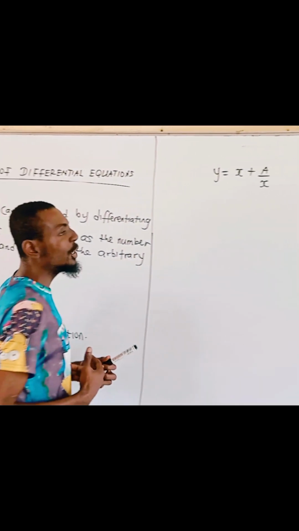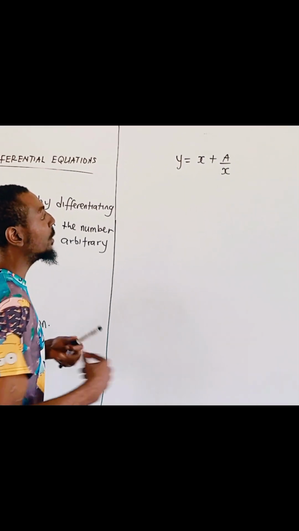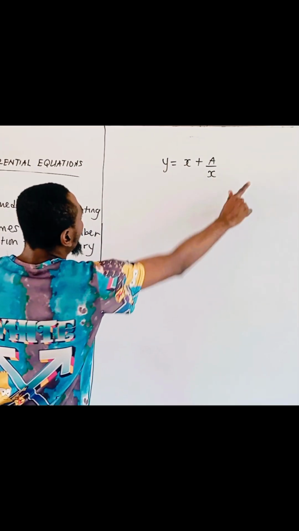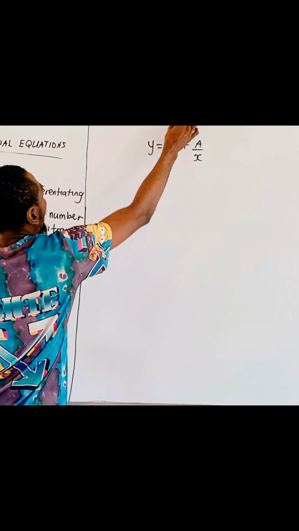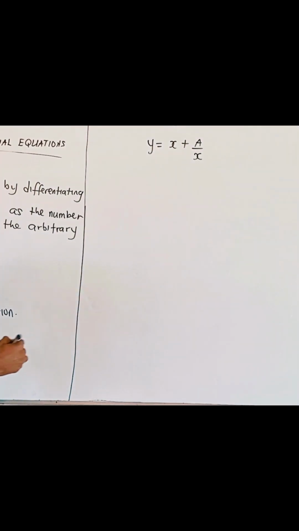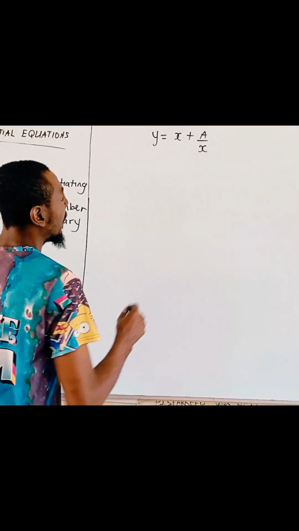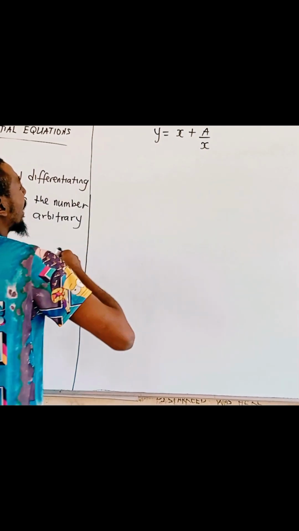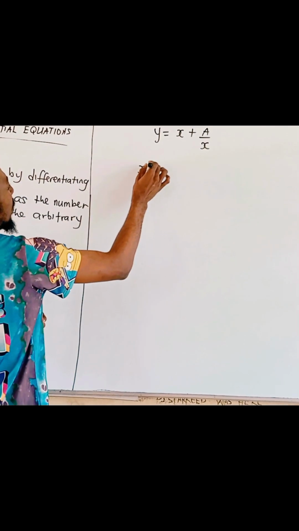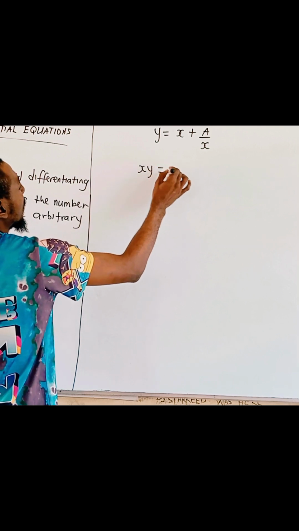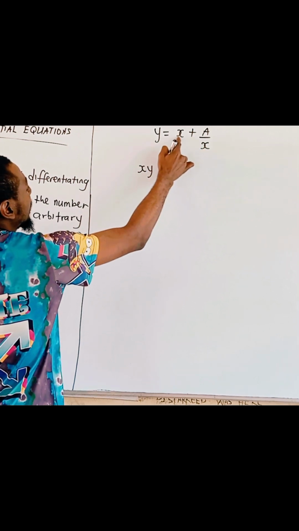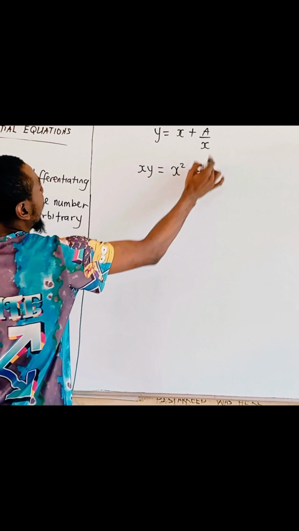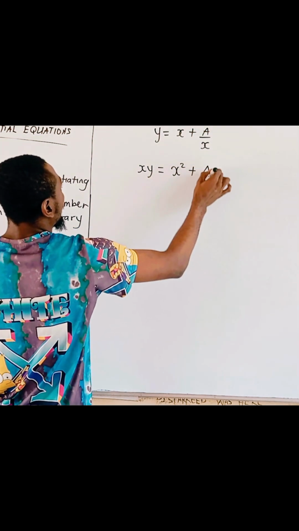Alright, so is it easy to make a the subject? So how do we do it? We multiply through by the LCM, which is x. x times y is xy. x times x is x squared, and x multiplied by a over x is a.